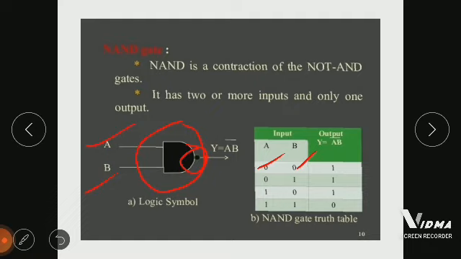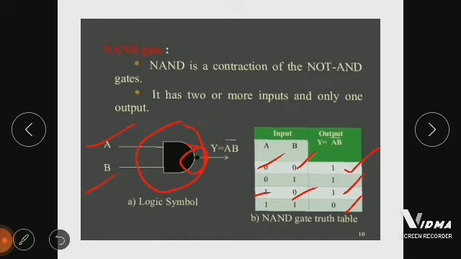Again, 0 into 1 is 0, and the complement is 1. The third one: if A is 1 and B is 0, then 1 into 0 is 0 and the output will be 1. Similarly, 1 into 1 is 1, and the complement of that is 0. So this is our NAND operation.